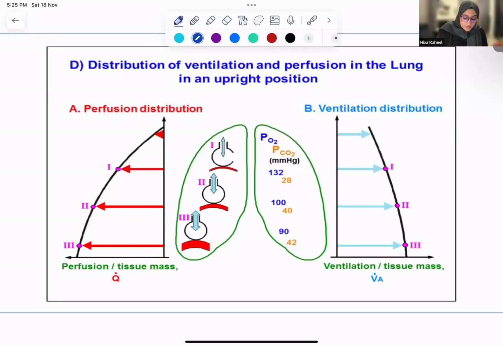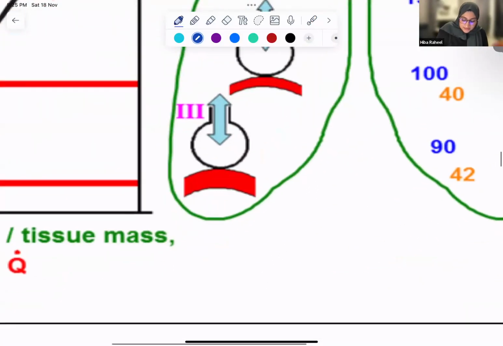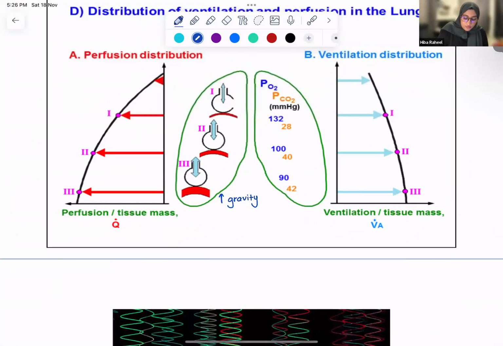Why is that? Because we have gravity. At the base of the lung, we have increased gravity. Gravity pulls everything down. So the blood flow is higher down as compared to the top of the lungs. At the top, the alveoli are less perfused as compared to the alveoli at the bottom.